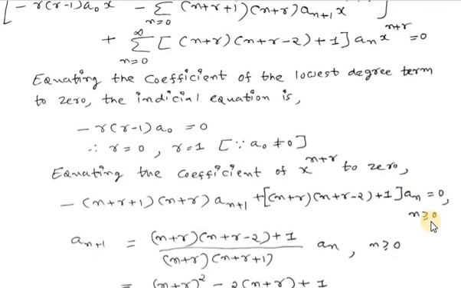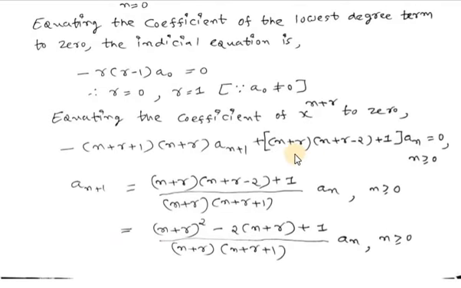And this is true for n greater than or equal to 0. From here make a(n+1) the subject. So we have in the numerator (n+r)(n+r-2)+1 into an, and in the denominator (n+r)(n+r+1). Okay.